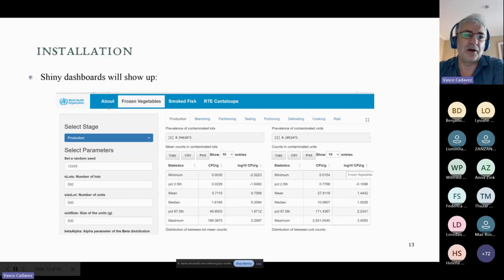The landing page is the about page where you have some description of the Shiny application, but then you can navigate in these tabs to simulate for frozen vegetables, smoked fish, and RTE cantaloupe. I will do some exemplifications only for frozen vegetables, but then you can use it for the others.